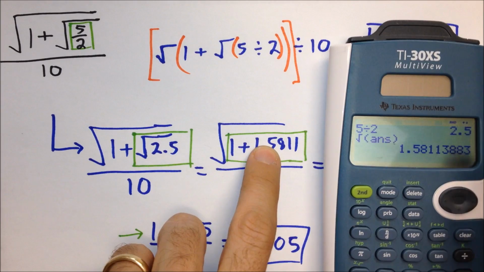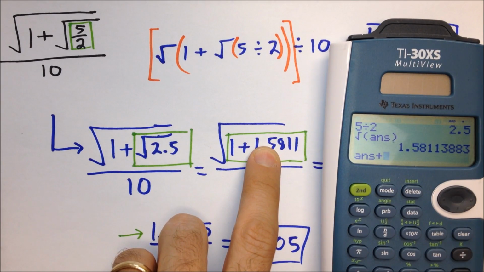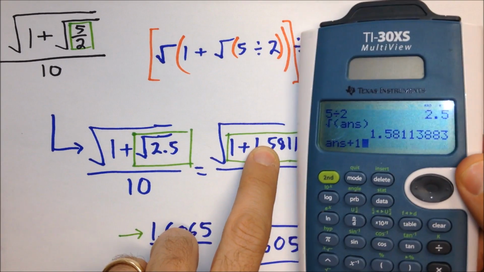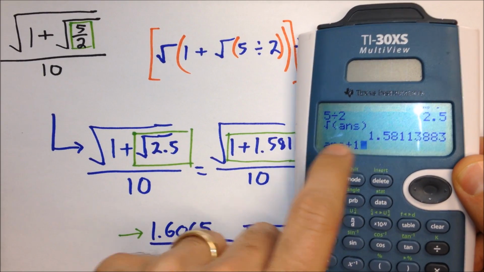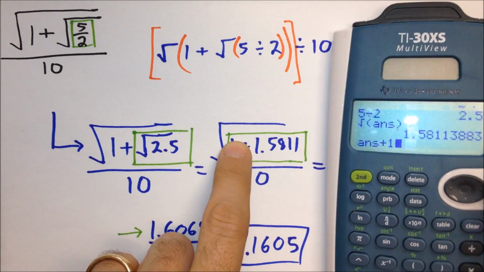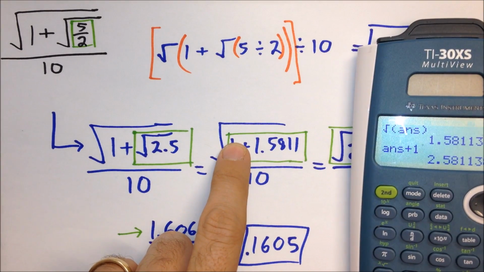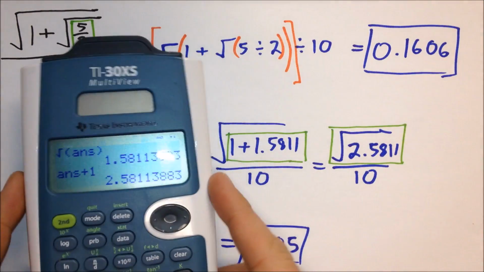Now we're at this part, so we're going to take that number and put +1. Notice that when I put the plus sign, my calculator knew that I wanted to add it to the answer, so it added that previous answer. So we'll take the previous answer and add 1 to it, and that'll give 2.5811.